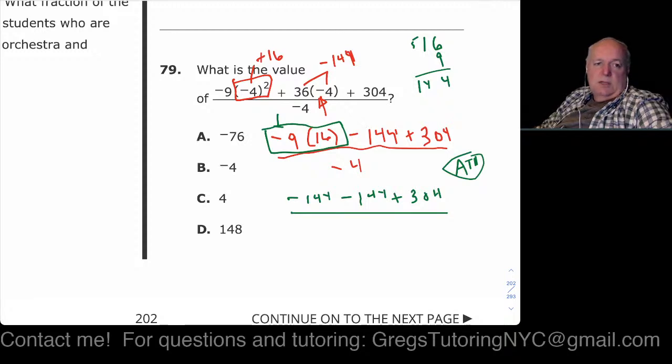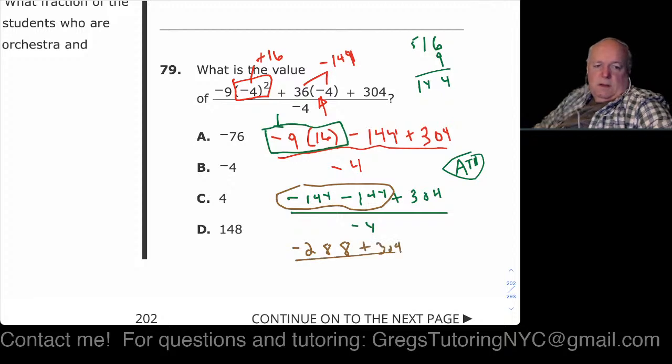Next thing I'm going to try to do is combine these two, it just seems easier to me. So I get minus 288 plus 304 over 4.